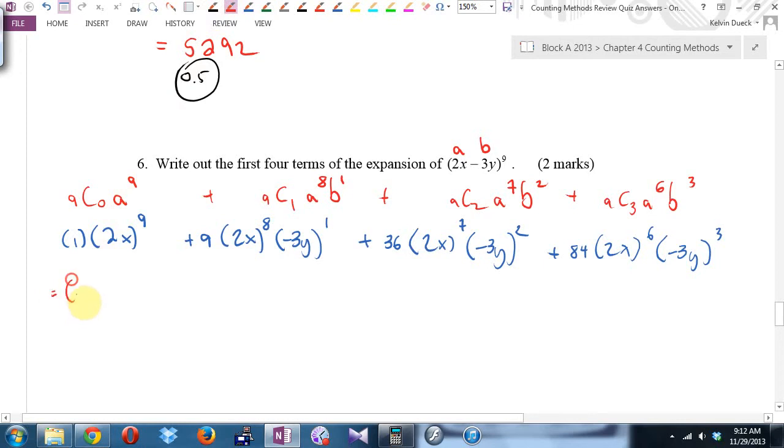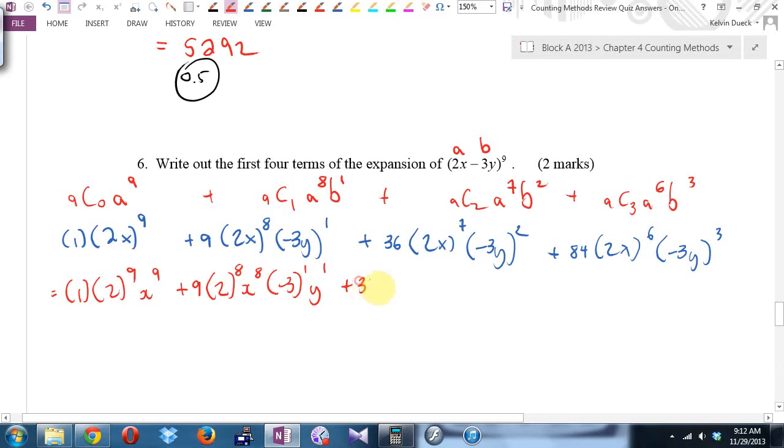That's going to be a 1, a 2 to the 9th, and an x to the 9th. That's going to be a 9, a 2 to the 8th, an x to the 8th, a negative 3 to the 1, a y to the 1.